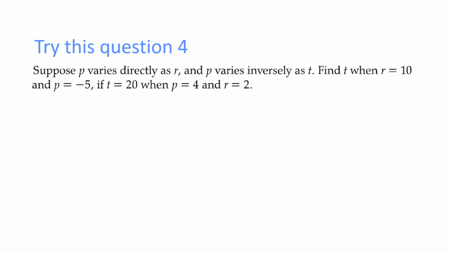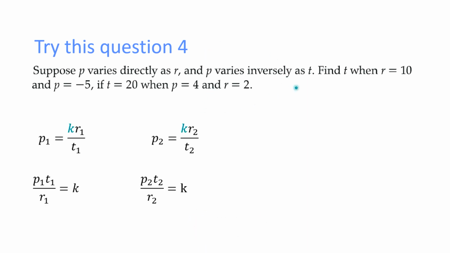Try this question 4. When you have attempted this question, you can play the clip again. Here is the solution to try this question 4. First of all, you would use the information to set up the correct proportions. Then you would solve for k.